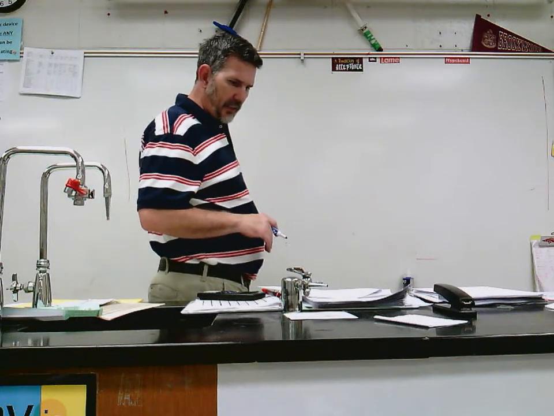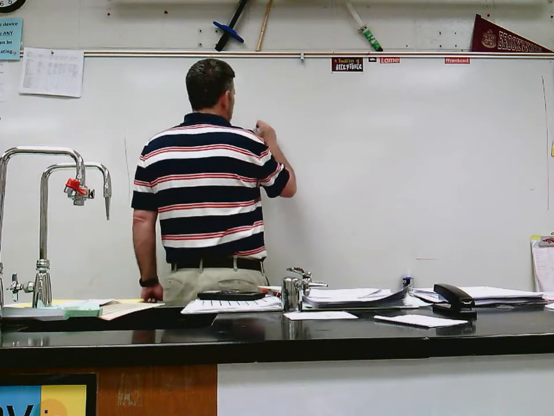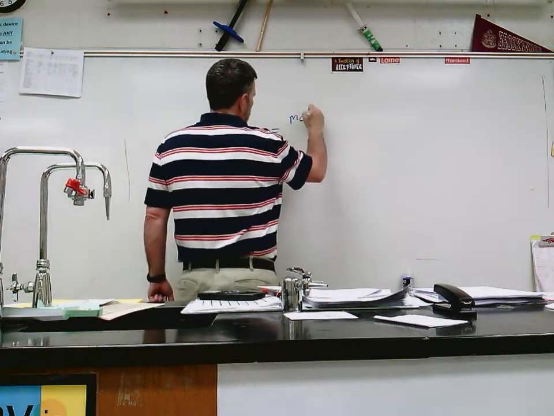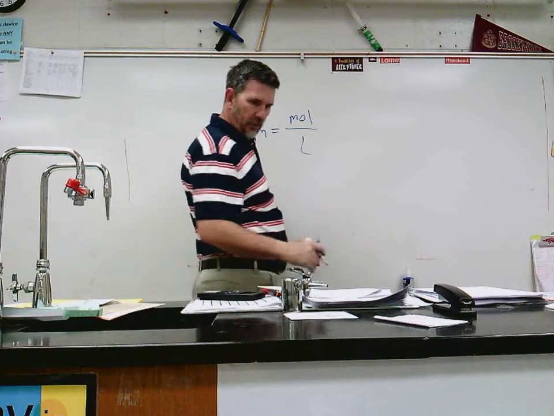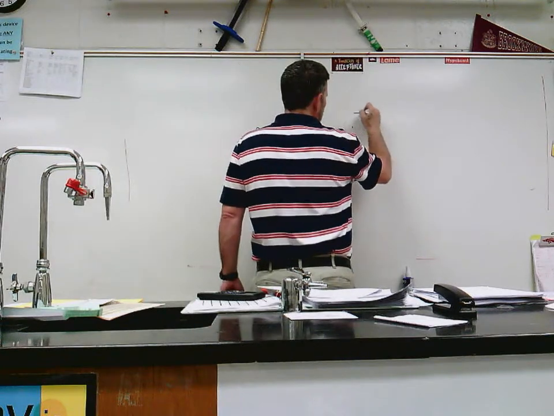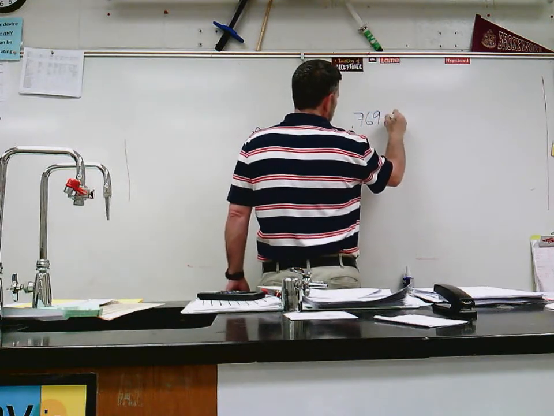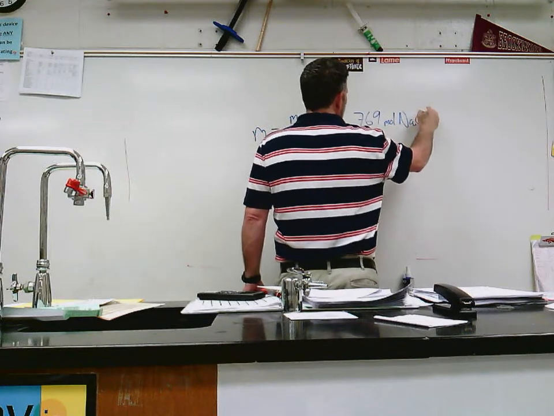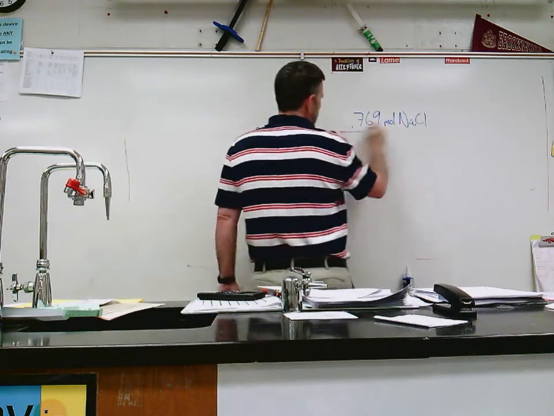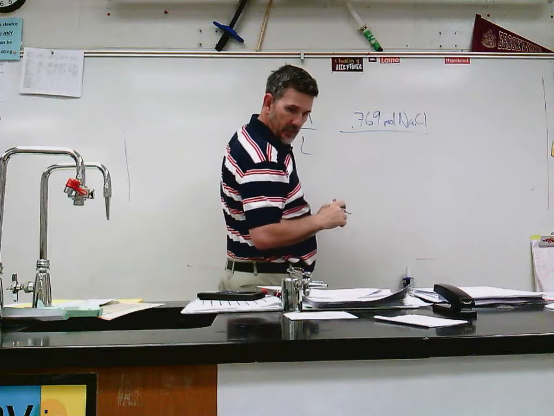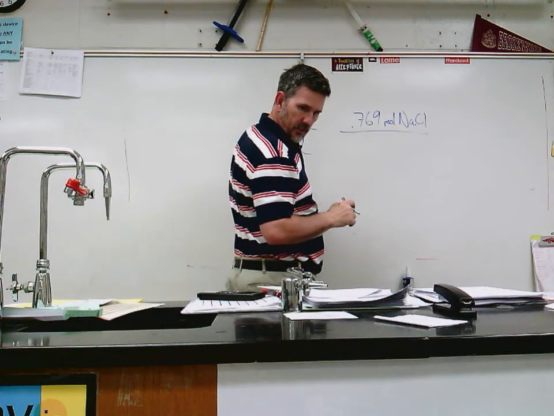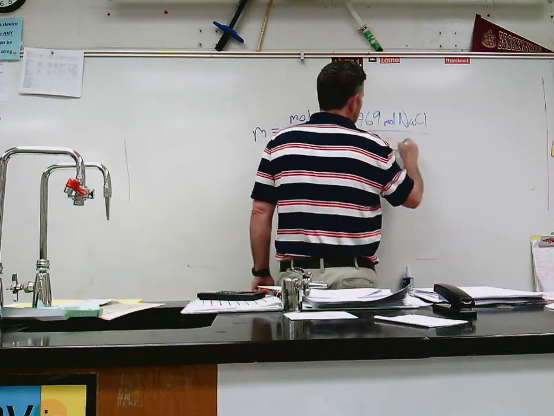41, molarity. What is the molarity of a solution that contains 0.769 moles of NaCl and 2 liters of water? Well, that's easy. Molarity is moles over liters. So they just told me how many moles. 0.769 moles of NaCl, in how many liters? 2 liters of water.